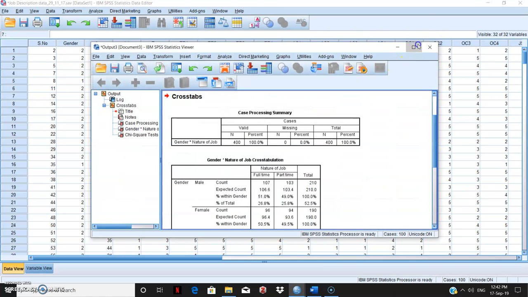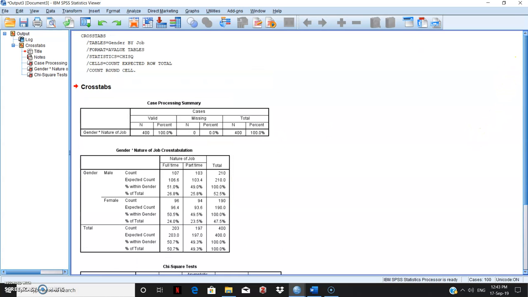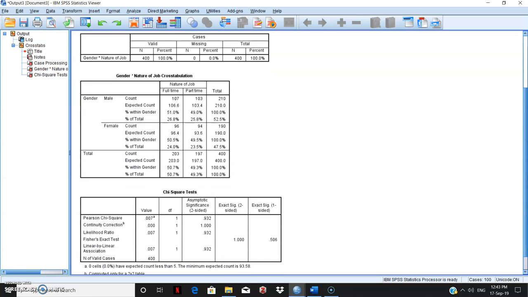Then you see the results are here for me to see. The total sample size is 400. This is the observed count, the expected count, and the percentage within the gender. I asked for the row percentage, and therefore the row percentage and the total percentage are given here. And the most important thing, where is the p-value that you will look for?